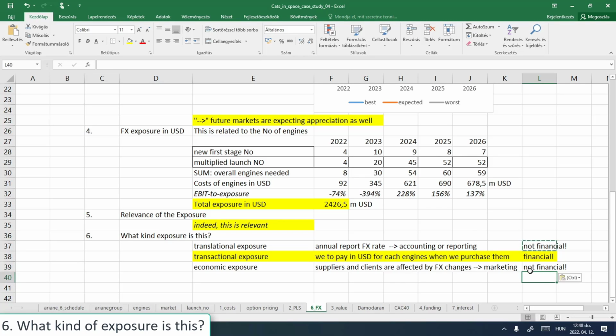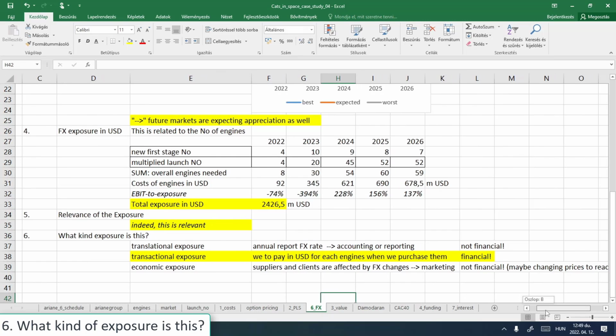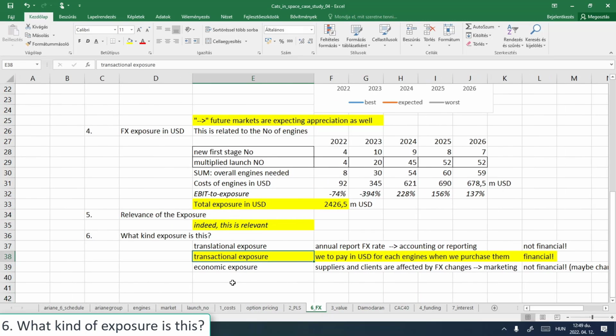Okay, we can change our prices, but there are no other financial tools to manage such a risk. Otherwise we can say that we have to deal with the transactional exposure.